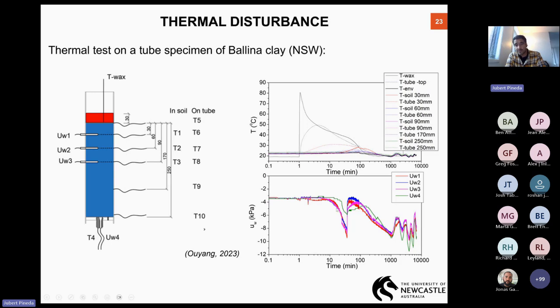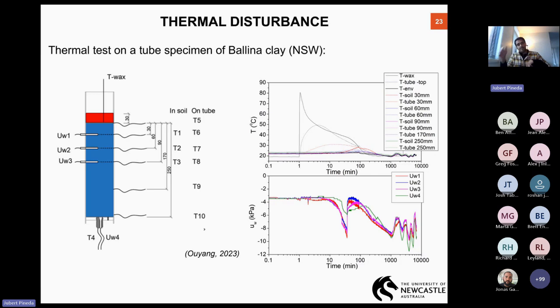So what is the reason for the suction to be developed and then lost at this point? The reason is that wax is quite an interesting material: when you pour it and it starts to solidify, it induces, at the interface between the wall and the soil, a concave shape of the wax cake.